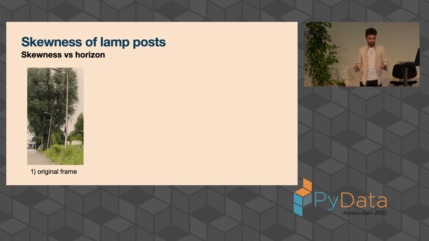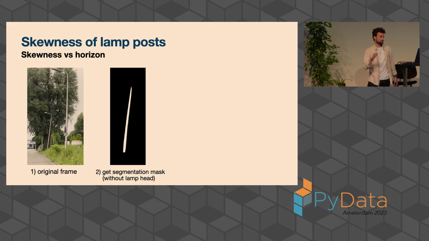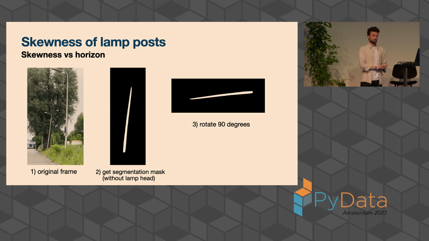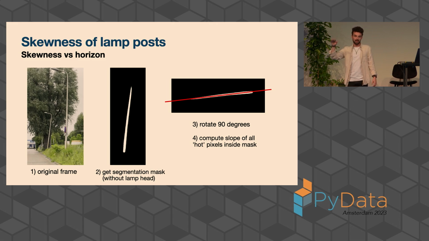How do we do this? First, we take the original frame. Then we take the segmentation mask, and it's important that we cut off the head of the lamp to have a straight view of this segmentation mask. The third step is to rotate this 90 degrees, and then we take a linear regression through this mask.